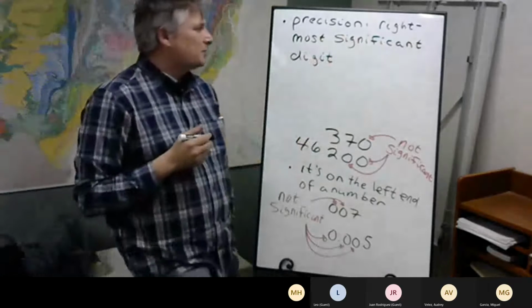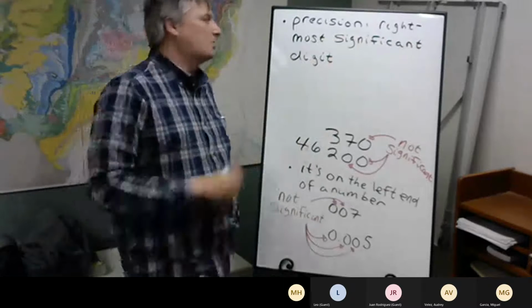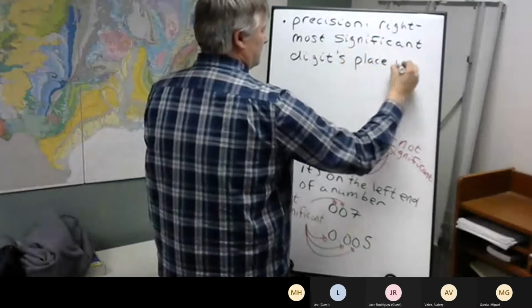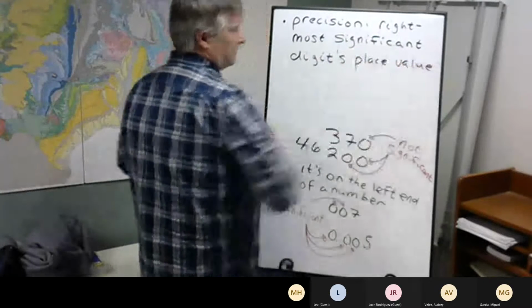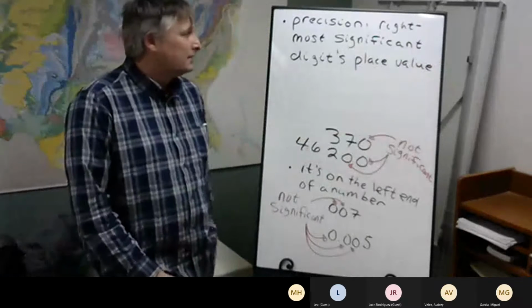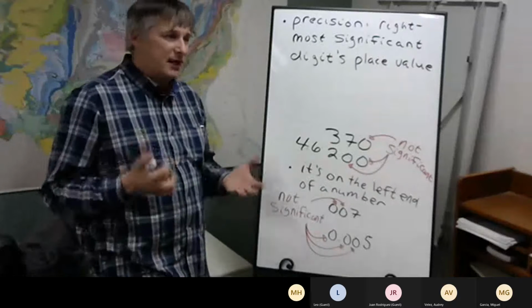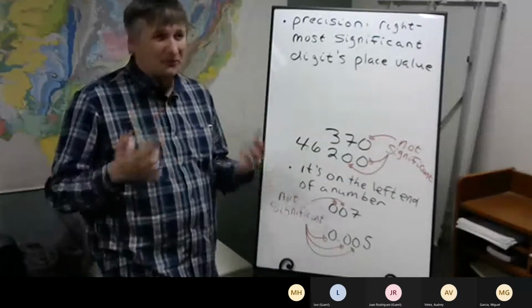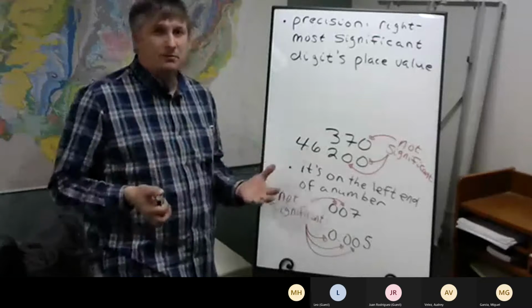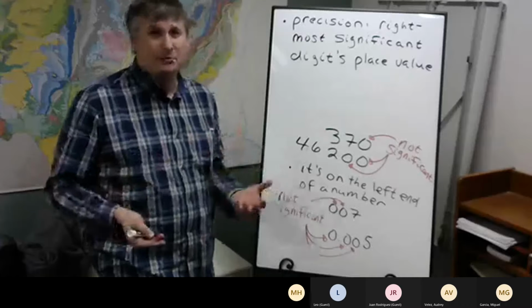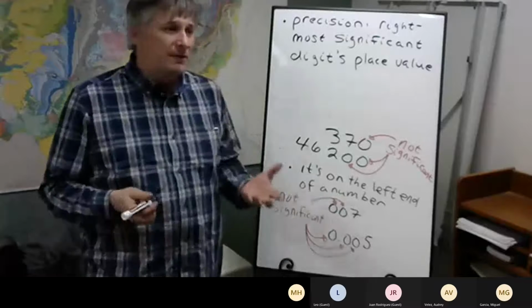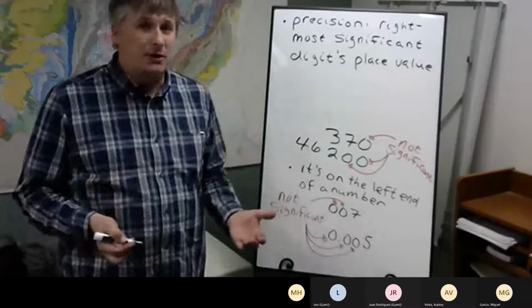The reason we're going to be interested in this, oh, sorry, last thing, place value. Don't want to forget that. It's the rightmost significant digit's place value. Now, the reason we're going to be concerned about this is how we're going to govern errors, or not errors really, how well we've made our measurements when we add and subtract those measurements. Precision of those measurements is going to determine what the results will be when we add and subtract.